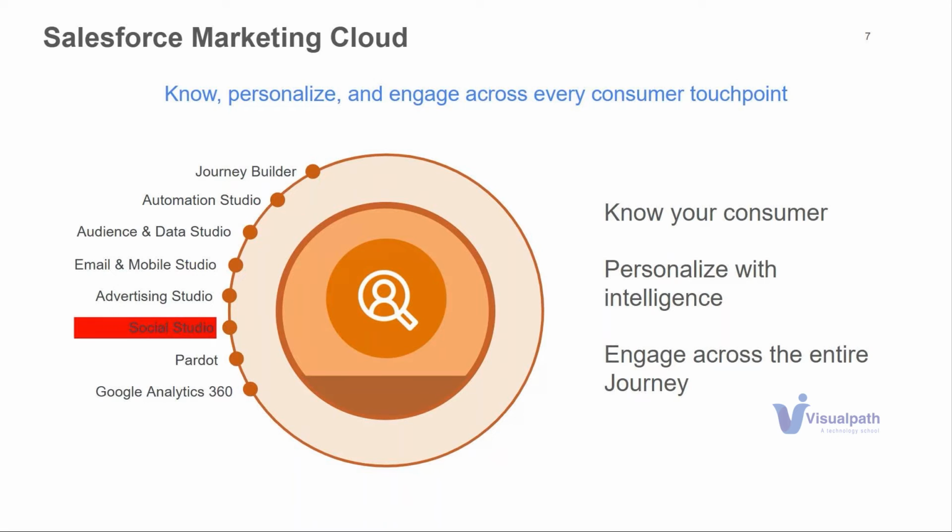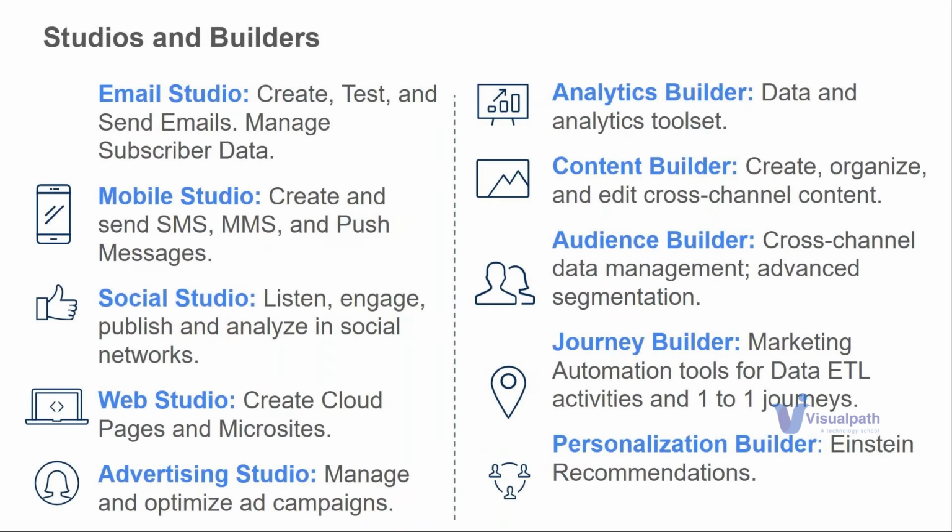Social Studio is now not available at all. Then Pardot, and Customer 360. This is in layman language, we try to showcase this figure. If you go deep into it, let's discuss each and everything.